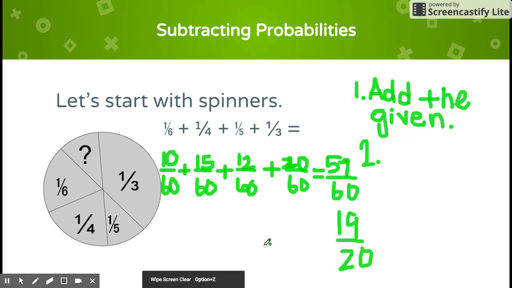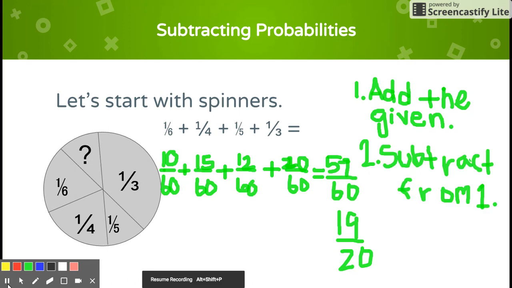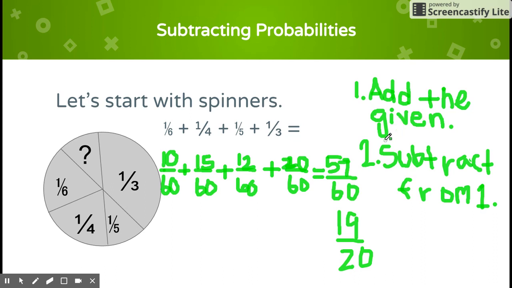All right, so our next step is we're going to subtract this from a whole. What number can we write that has the same denominator that would create one whole? That's basically a giant 1 that we talked about in class today. So we're going to create a giant 1, and we're going to subtract this from the giant 1. And again, excuse my terrible handwriting, but step 1 is add the given, and step 2 is subtract from 1.